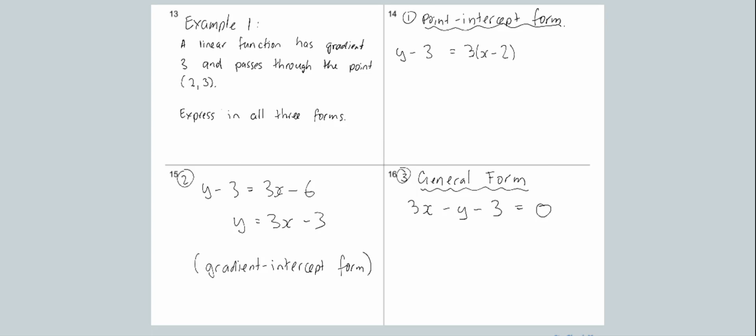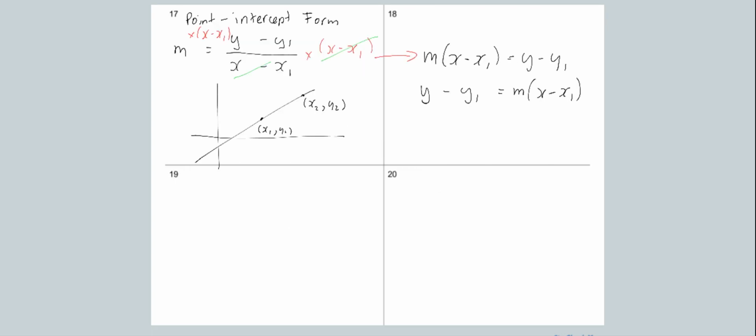All right, one thing I'll just say, I think it was Zoe that asked the question, when would you use general form? When would it be useful? So I'll just put it as a side note off to the side here.